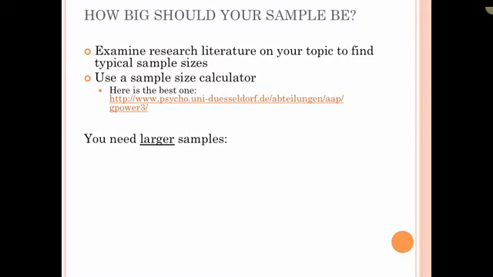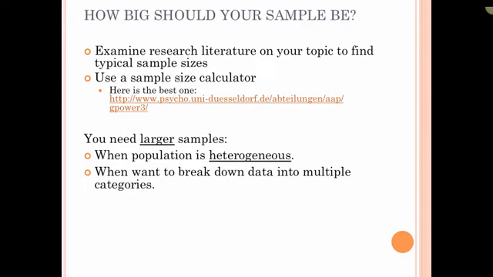Typically, you'll need a larger sample when you know that your population is heterogeneous, right? So if you are interested in studying athletes, perhaps, and you're interested in breaking down your data into categories according to sport, you'll need to probably include a lot of different individuals in your sample in order to represent all of the different sports, maybe, that are at ASU or something like that.